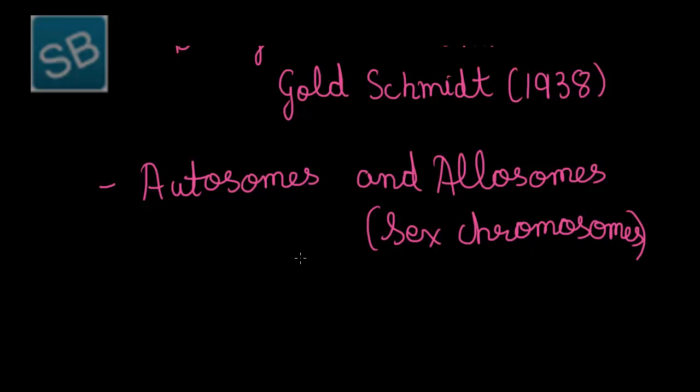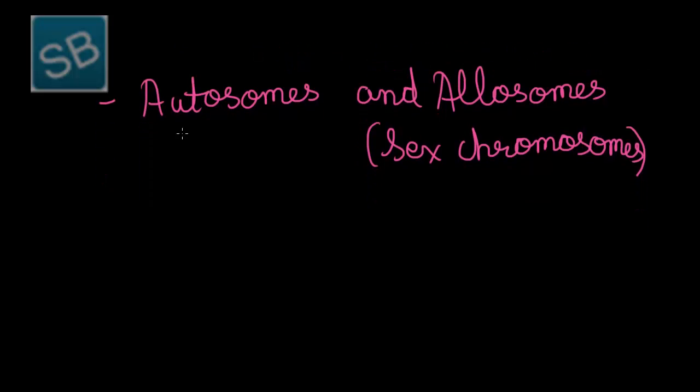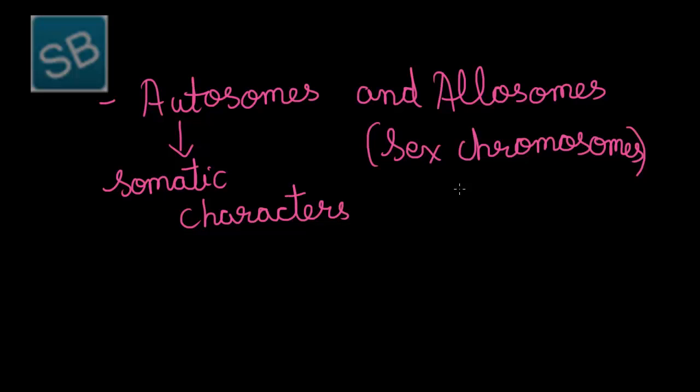As we all know, in humans there are 23 pairs of chromosomes, and out of these, the first 22 pairs are autosomes, while the allosomes are the last 23rd pair, which determines the sex of an individual. Therefore, it was decided that autosomes determine the somatic characters of an organism, while allosomes decide the sex characters of an organism.